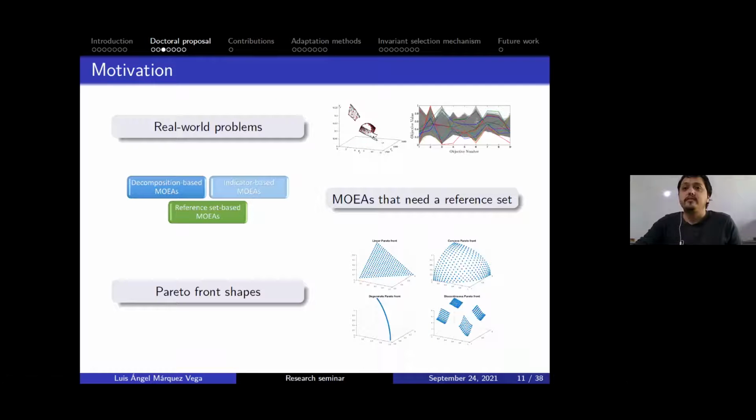The motivations for this research are the following. In real-world problems, it is common to find problems that have irregular Pareto front shapes and problems that have several objectives in conflict. Reference sets are required for some MOEAs to deal with this type of problems, and the performance of some reference set generation methods depends on the Pareto front shape.